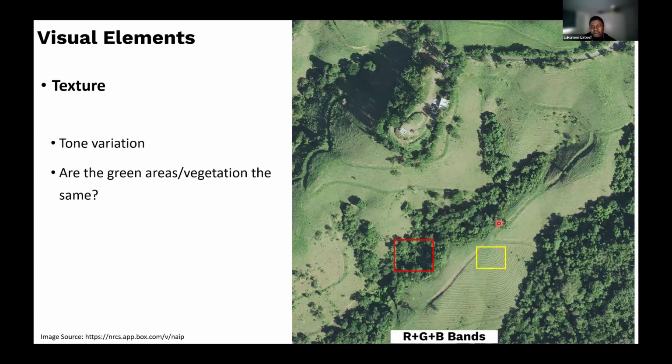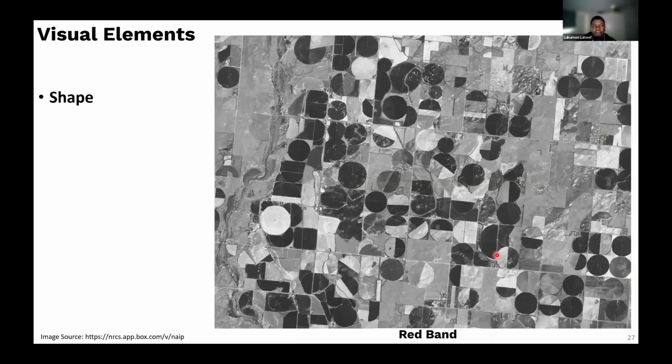Another important factor is the variation in the tone or the brightness in an image. Both of these are grass or green area, but this one has a rough texture and it's clustered together, which gives us the impression of a forest or trees, while this one shows just grasses.